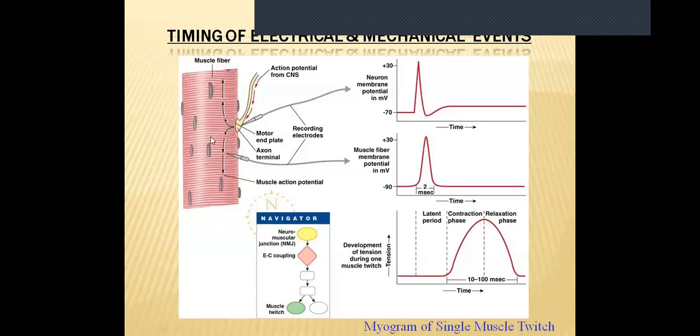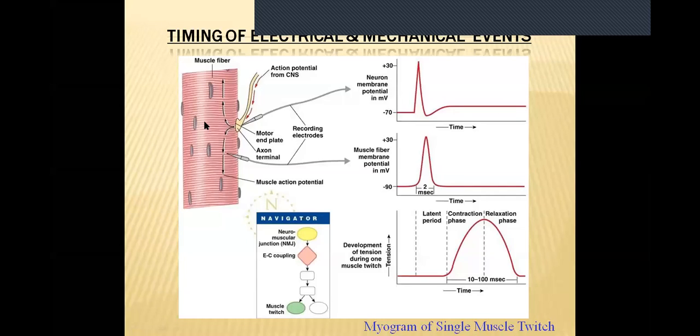So each muscle cell is connected to a nerve fiber. What is a nerve fiber? Nerve fiber is nothing but a part of a neuron. Nerve fiber is a dendrite, and dendrite is a part of a neuron. So each neuron has many dendrites, and each dendrite is linked to a muscle fiber.